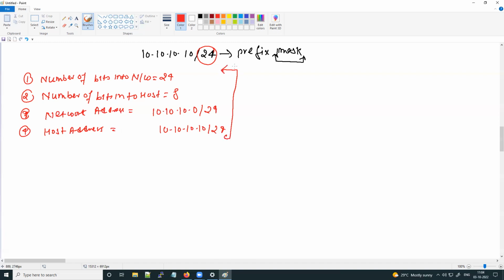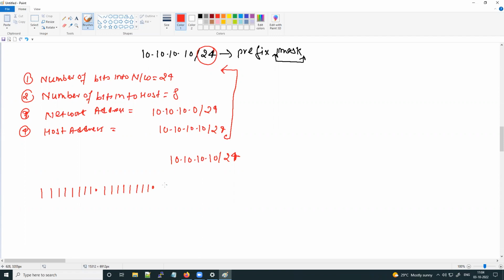So let's go for the next. If you see this IP address once again, 10.10.10.10/24, I'm saying make all the network bits 1. So if we write this down, we have 1, 1, 1, 1, then dot, 1, 1, 1, 1, 1, 1, 1, 1, 8 times.